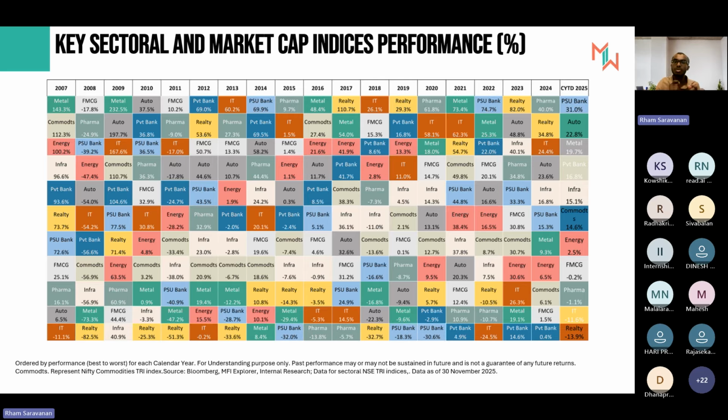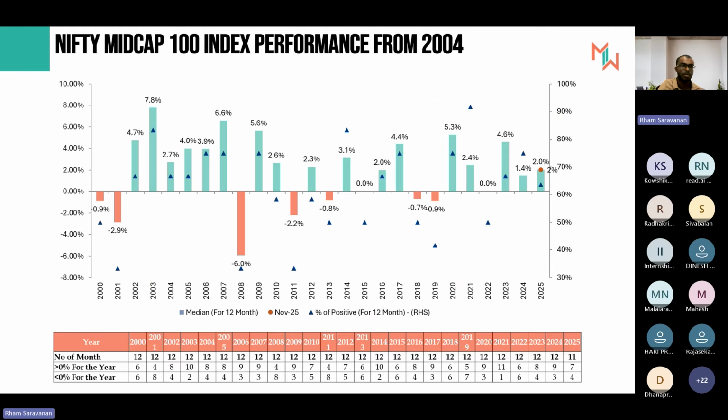On the other hand, investors who stay diversified and have good professional guidance can overcome this. Otherwise, it will be a tough situation. So right now I'll hand over to Subash sir to take over the mid cap sector.